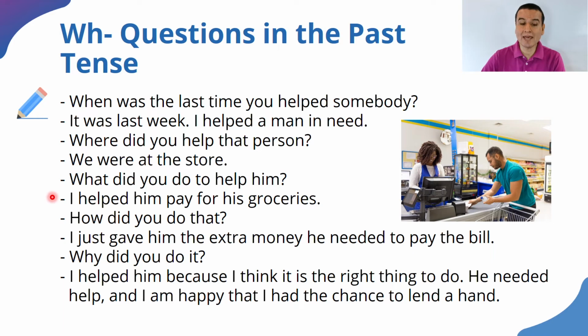I helped him pay for his groceries or groceries. Both pronunciations are acceptable. How did you do that? I just gave him the extra money he needed to pay the bill. Why did you do it? I helped him because I think it is the right thing to do. He needed help, and I am happy that I had the chance to lend a hand.